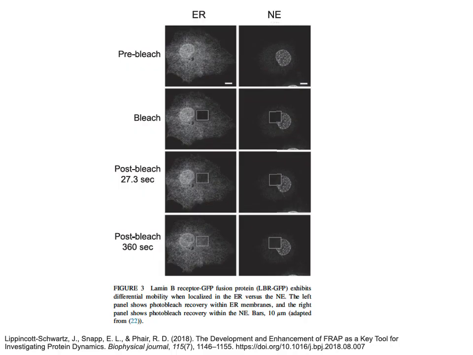So the next thing that they show in this paper is they look at the ER membranes, which in the previous figure they show that they can look at using FRAP, and they also look at the nuclear envelope, which would be the nucleus, and they look at its recovery.